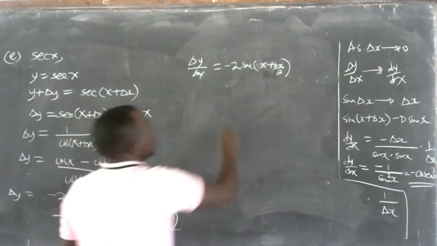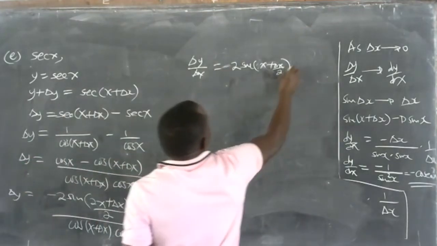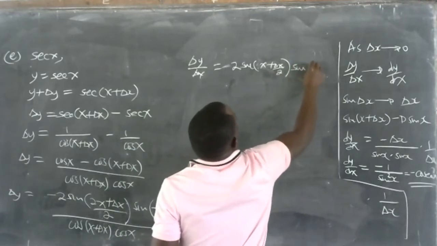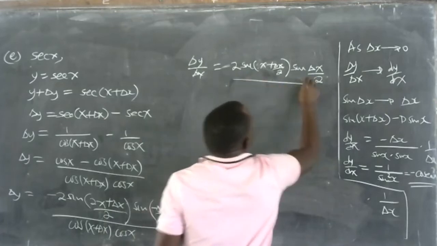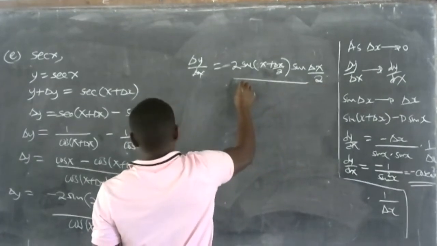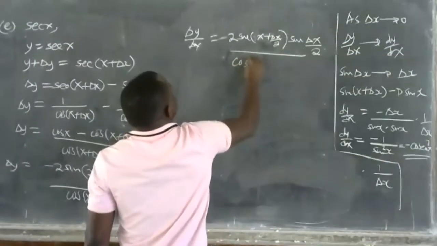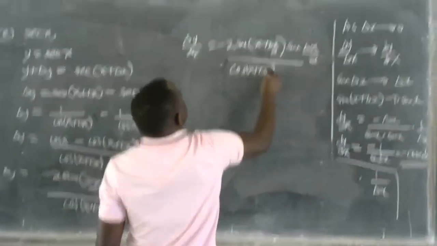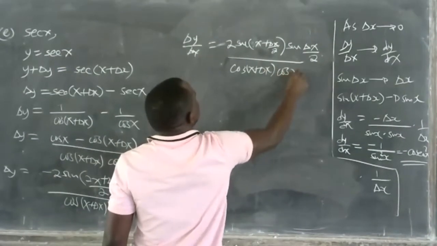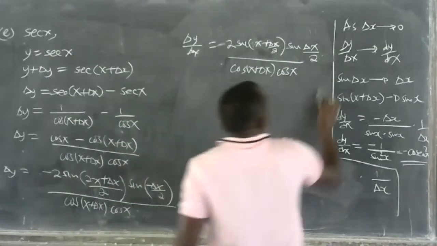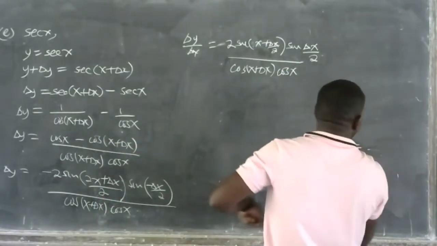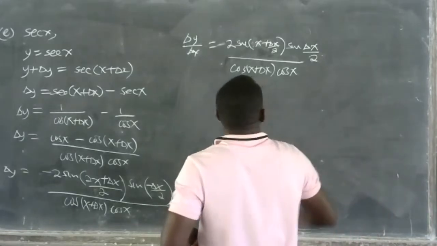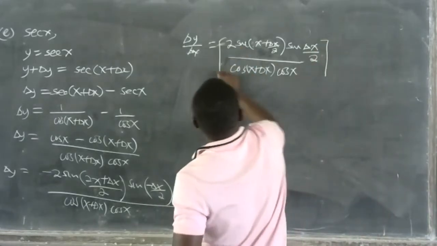It's been a positive 2 now. Sin of x and change in x out of 2, out of cos of x plus change in x and cos of x. Then you multiply by 1 over change in x.